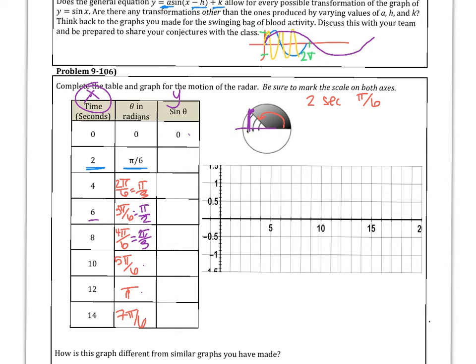All right, the sine of pi over 6, we look at the y value on our unit circle, get 1/2. Sine of pi thirds, looking at our unit circle, we get root 3 over 2. Since we're going to be graphing this, the decimal value of that will be useful, so that would be 0.866.